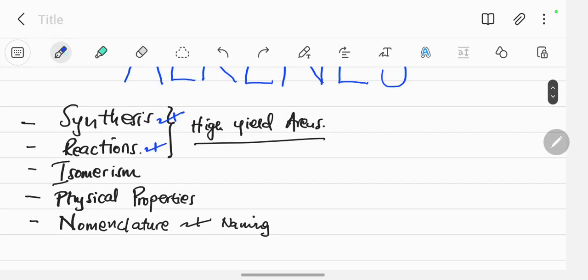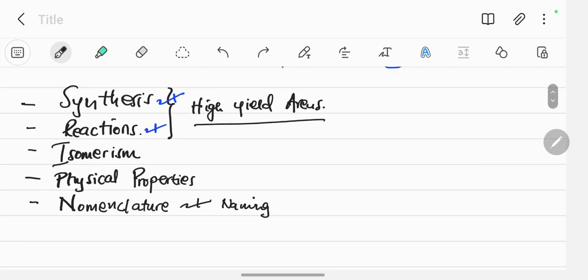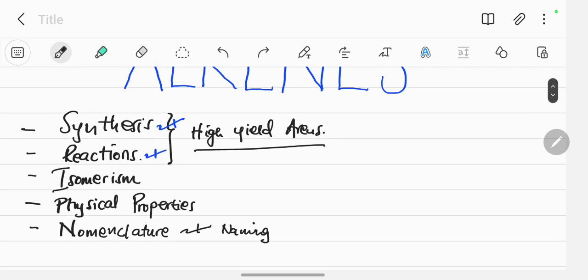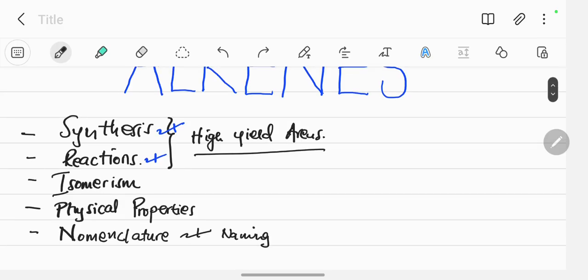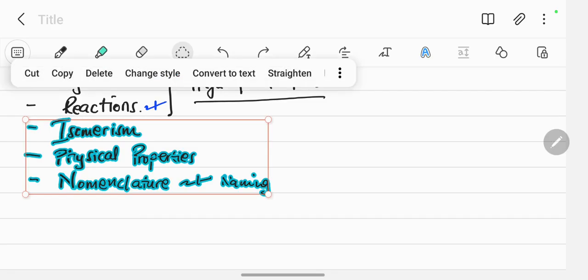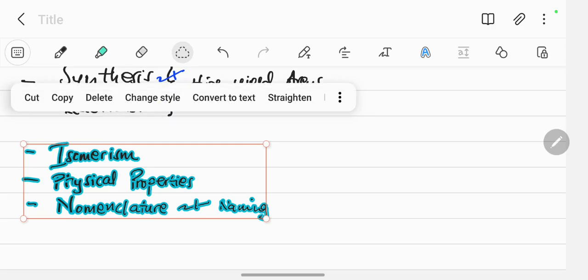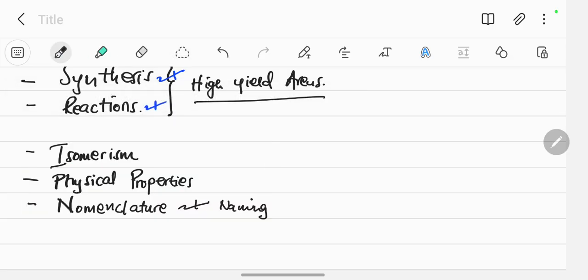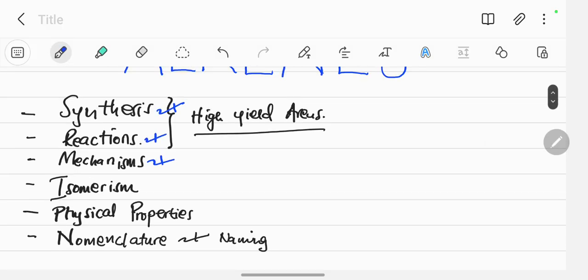Then maybe the other thing I'm going to be talking about is mechanisms. So those are the areas of greater importance: mechanisms, reactions, synthesis.